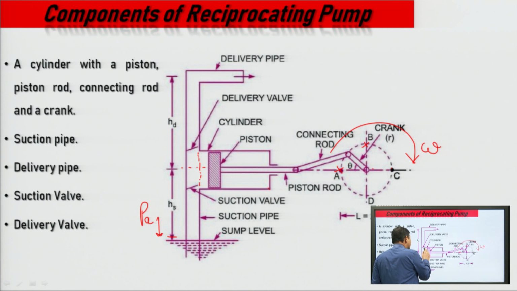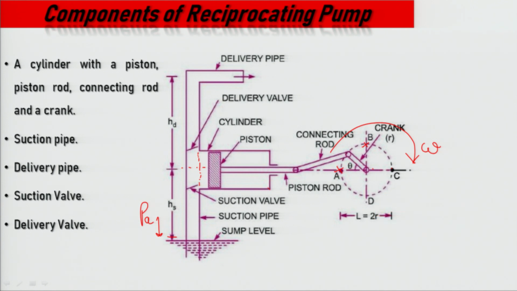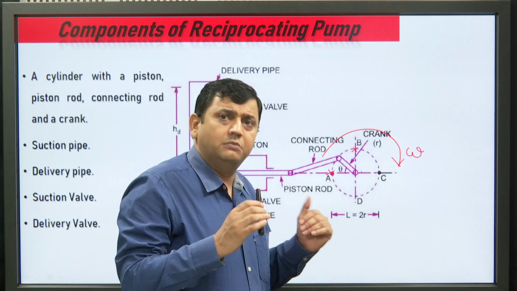At this initial position, what is the velocity? The velocity is 0, and at the last point the velocity is again 0. So when the piston moves from the initial position to the final position, the velocity starts from 0, is maximum at the center, and at the end of the suction stroke is again 0.